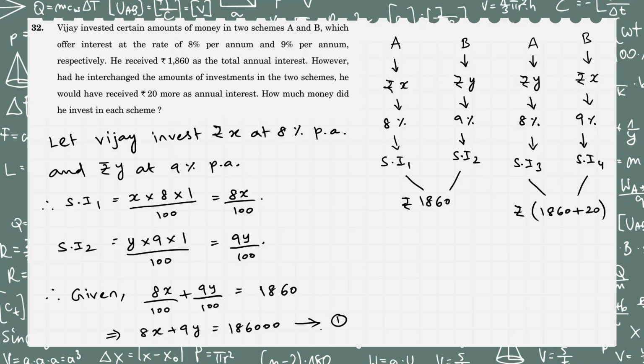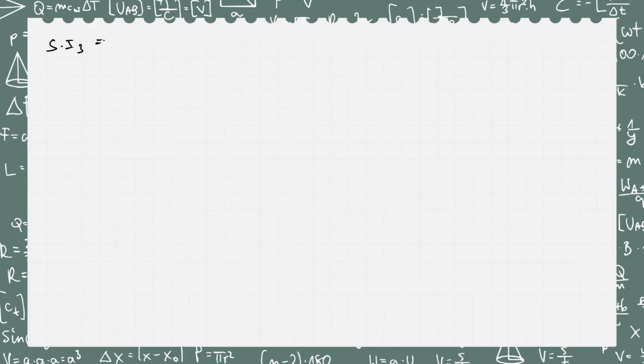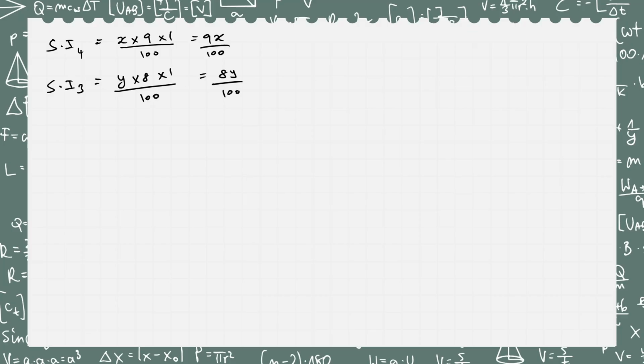Same way we have to frame another equation for the second scenario. SI3 will be equal to X into 9% will be the interest for the B scheme, right? X is invested in B scheme right now. So X into 9 into 1 divided by 100, which is 9x by 100. I think this is SI4 I have named. Okay, so SI3 will be Y into 8 into 1 divided by 100, which is 8y by 100.